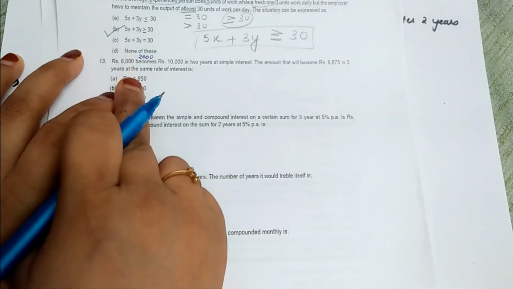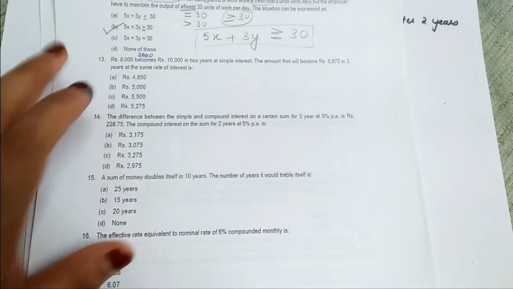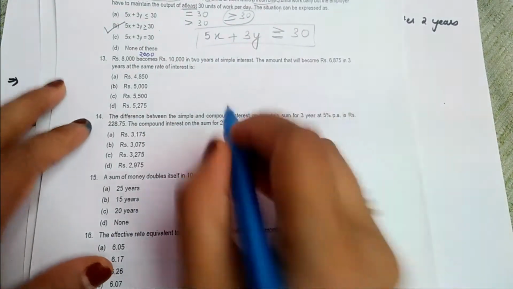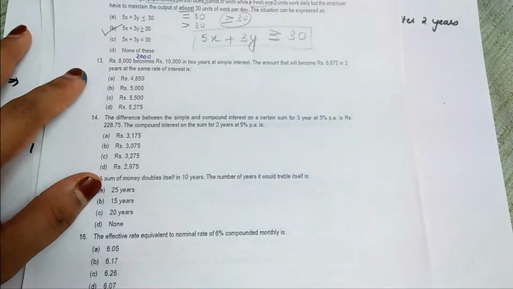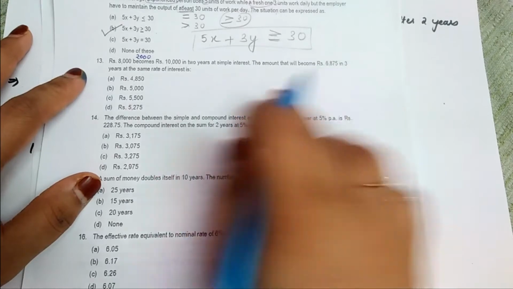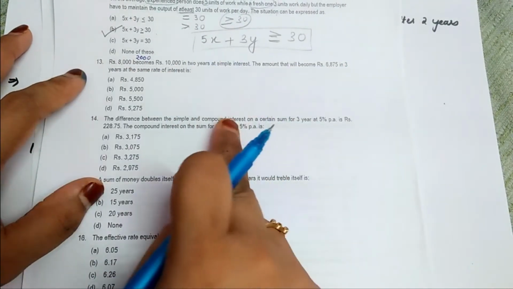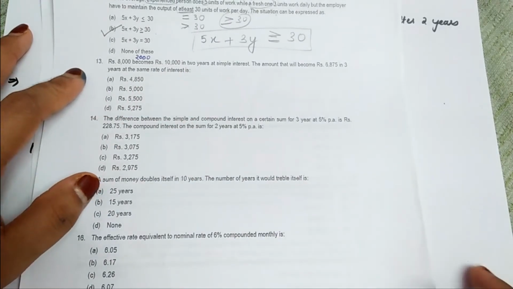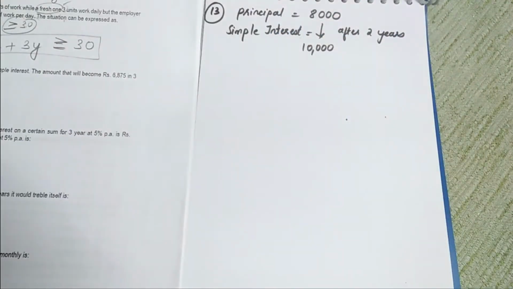So we need to find out the simple interest rate. Once we get it, then using that rate, we need to find the principal amount when the total amount is given in 3 years at the same rate of interest. It's very simple. Let's go. Principal amount is 8,000.